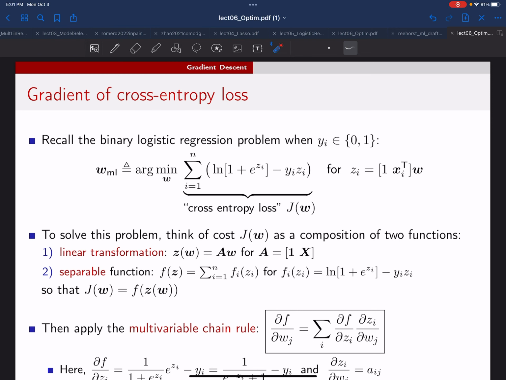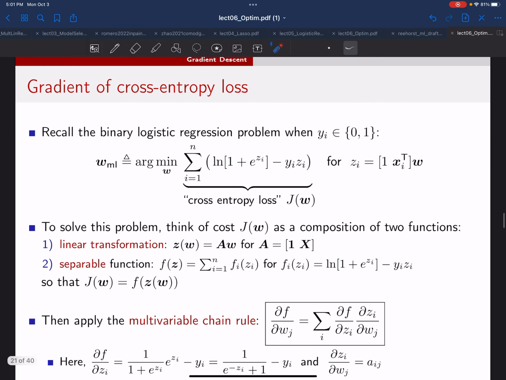So essentially, we need kind of an efficient way of attacking problems like this. A lot of the problems we see in machine learning have this form, where you have a sum over the training samples, and then for every training sample, you have a cost for that training sample.